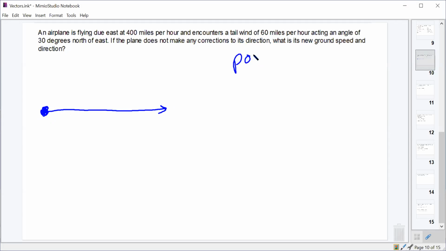And how could we write this as a position vector? What is the x component of the position of our plane? How fast is this plane going if we ignore the tailwind? It should be going 400 miles an hour, which, if we're talking about position, that would be 400 times what?